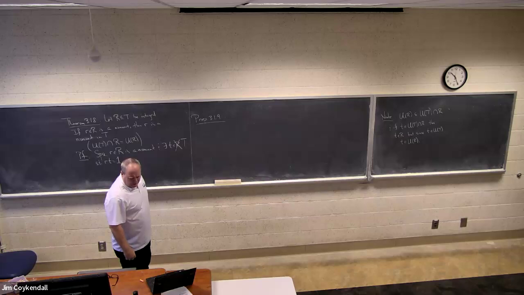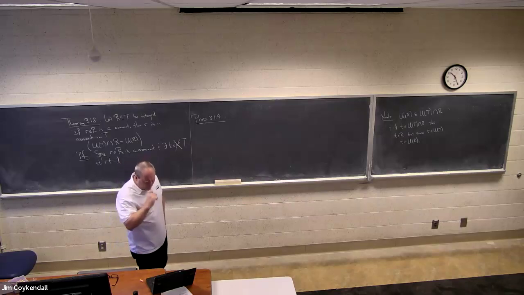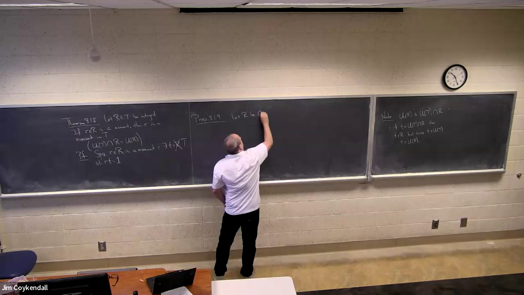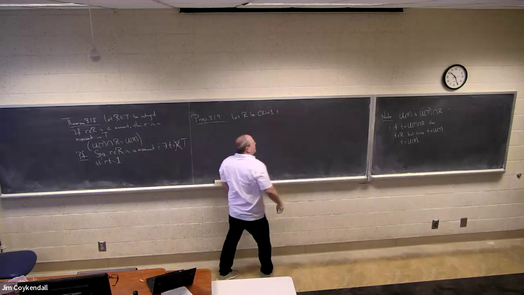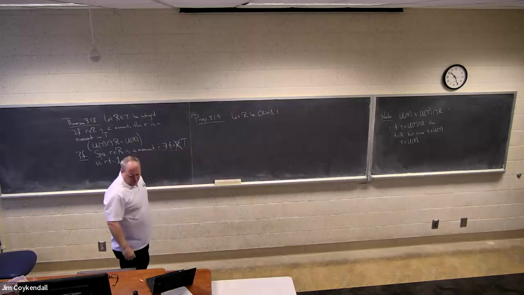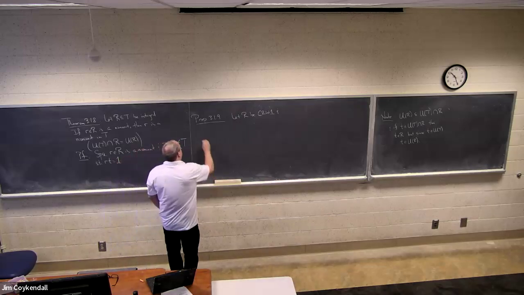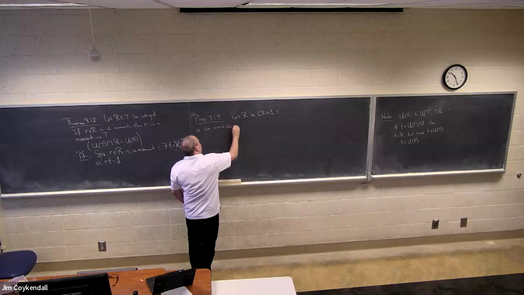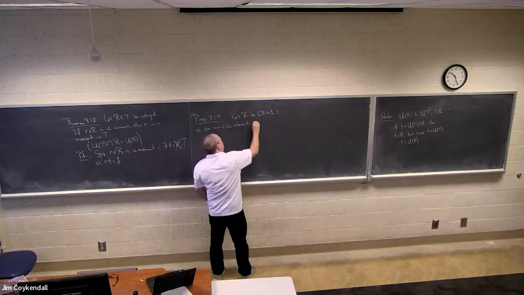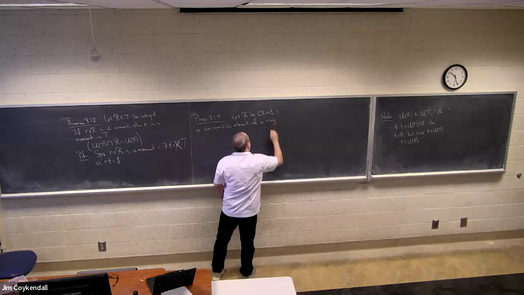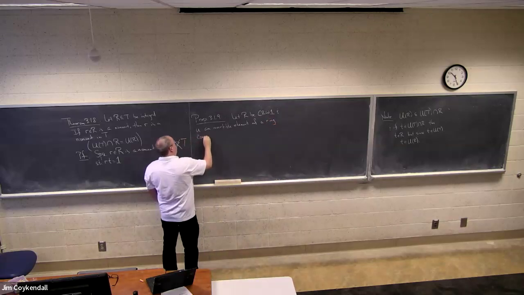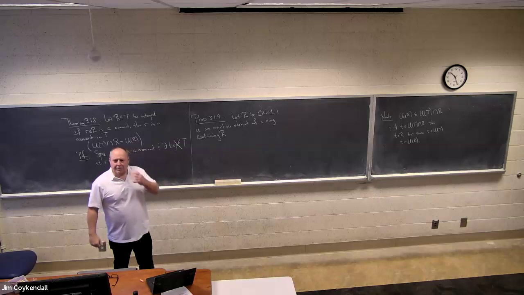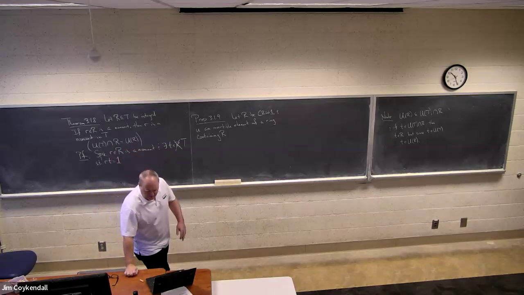Let R be a commutative ring with identity, and u an invertible element of a ring containing R. In particular, if u is in R, you don't want it to be a zero divisor.